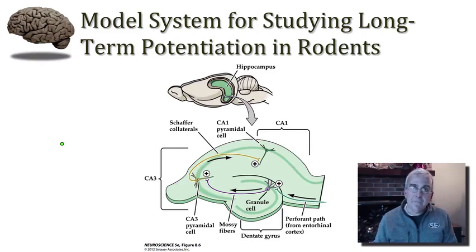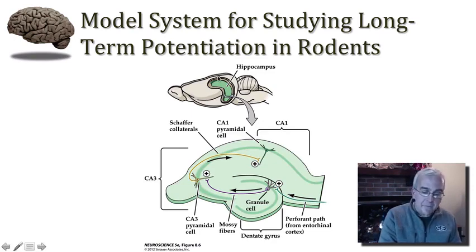And during that time, those slices can be probed with microelectrodes, and axons can be stimulated and the activities of cells can be recorded. And this is what was done from slices obtained from the hippocampus of rodent models.